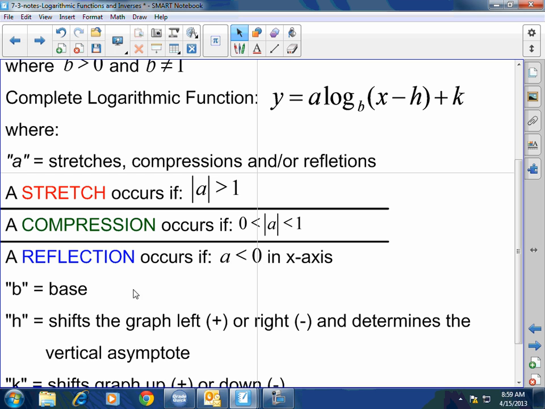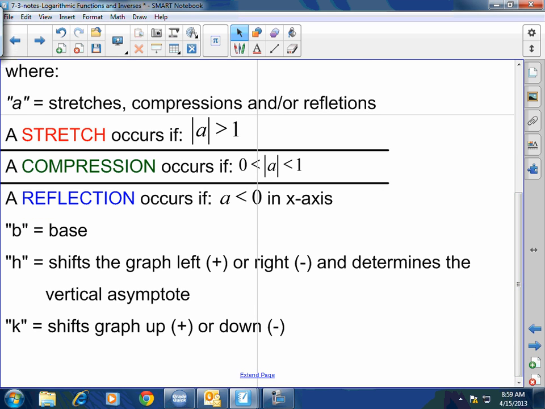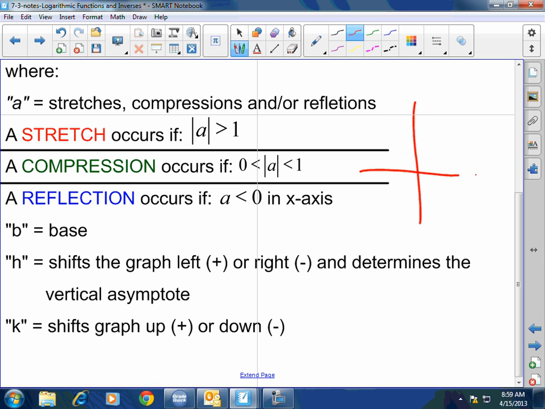B is my base. Now, I don't know if you guys remember, but in an exponential, wasn't my k the asymptote? Well, this time, the h shifts the graph left or right for sure, but it also determines the vertical asymptote. If you remember, an exponential had a horizontal asymptote.